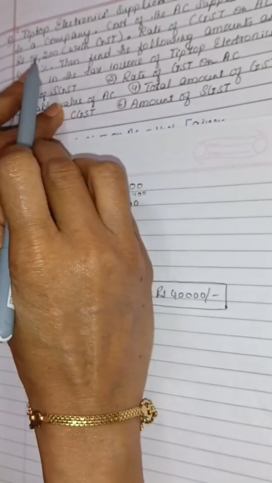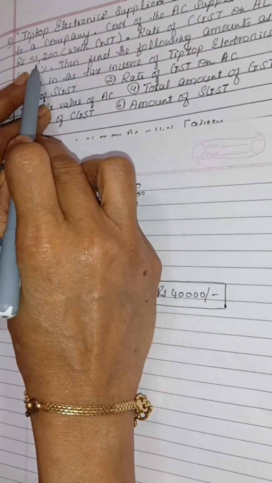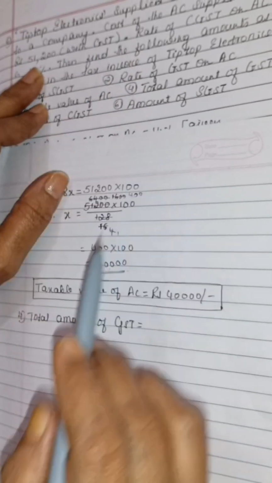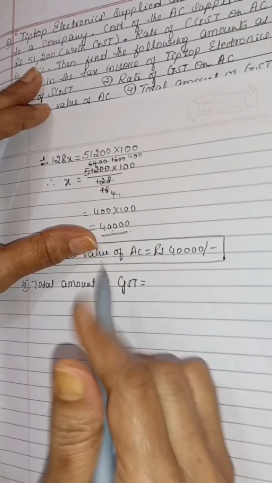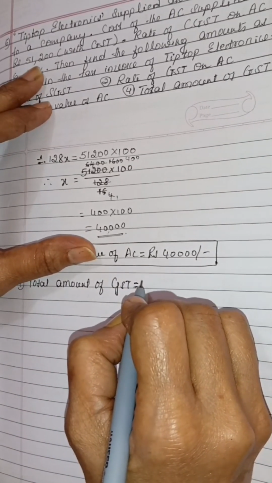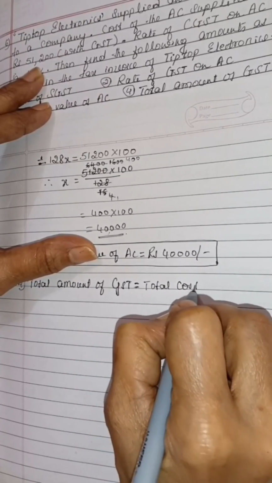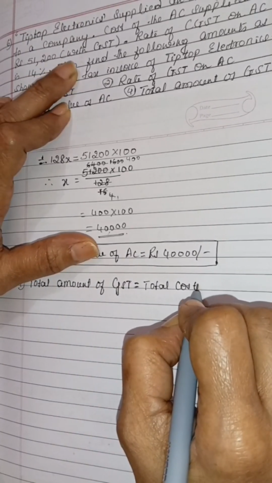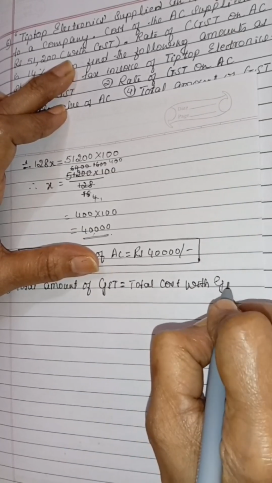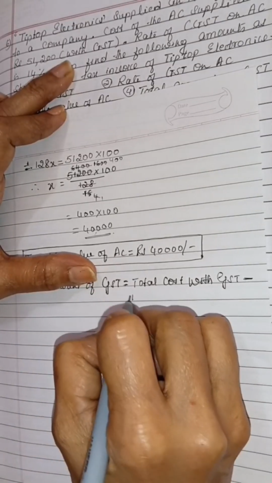The total amount of GST is the total cost, the cost of AC with GST, that is 51,200, minus the taxable value.